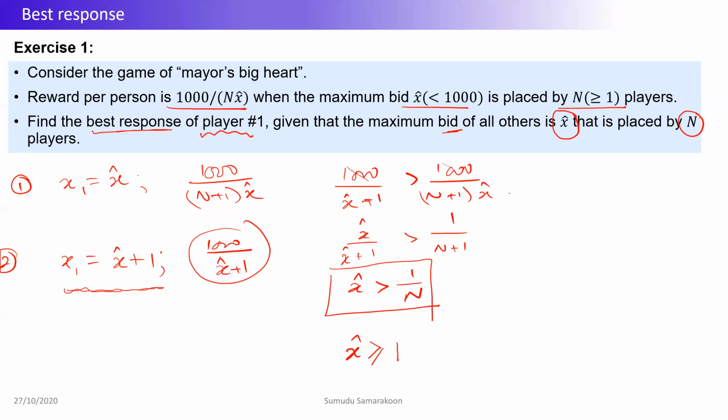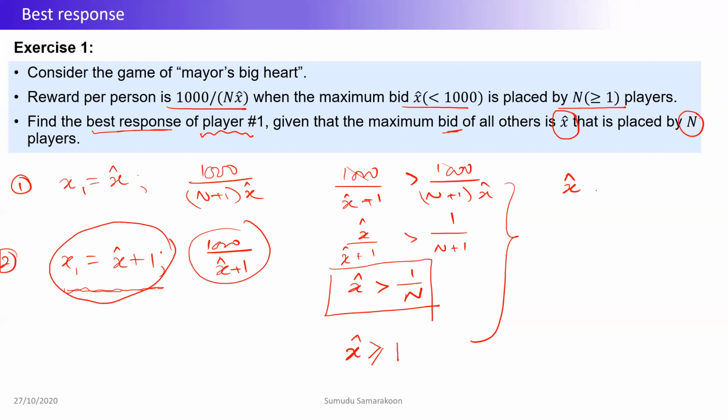So we can conclude that whenever there's a bid placed, in order for player 1 to win, he has to always go for this option.